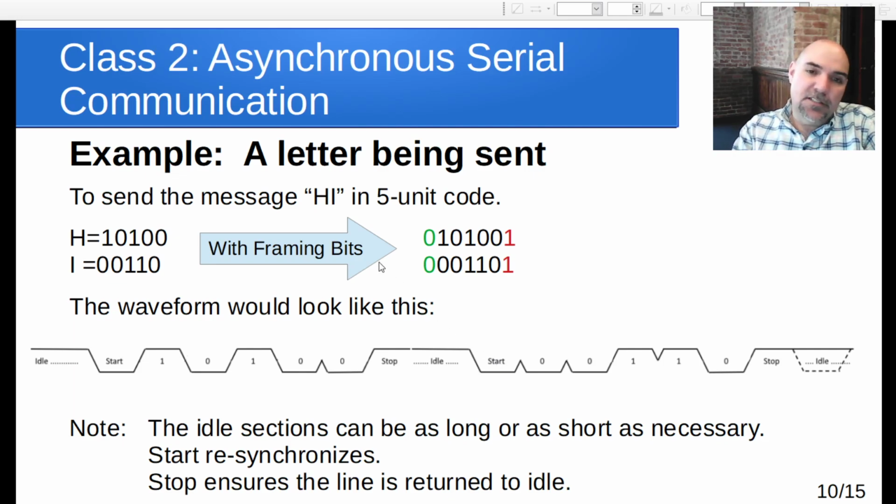And asynchronous, let's talk about that for just a second. Synchronous means with respect to some clock. In other words, you have some clock, you're both using the same clock, and you're synchronizing your actions based on the ticking of that clock. Asynchronous, the A in the front, means not with respect to a clock.